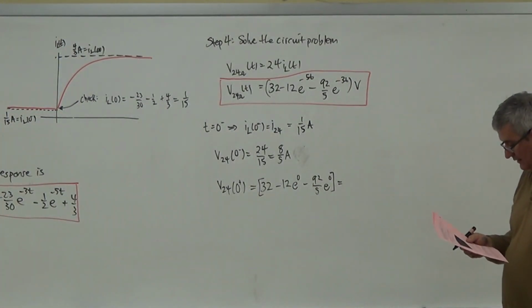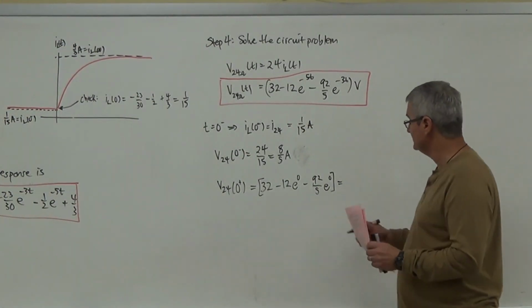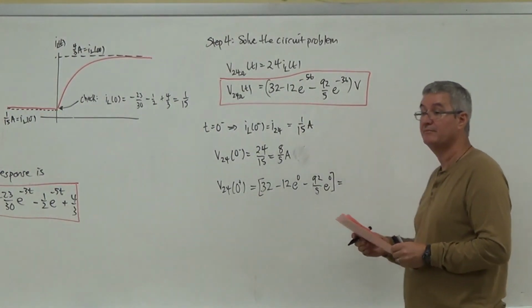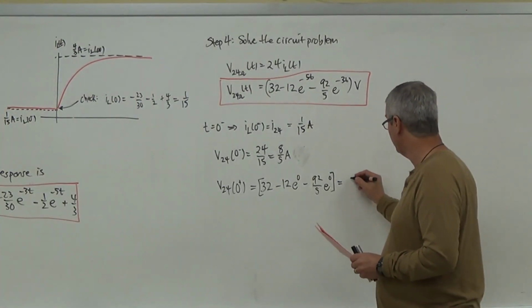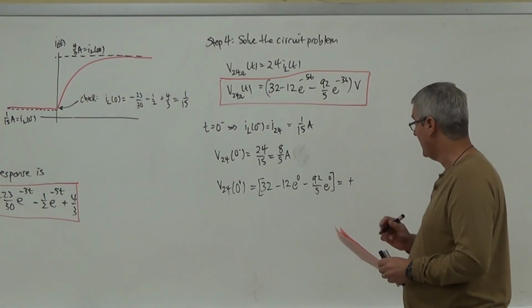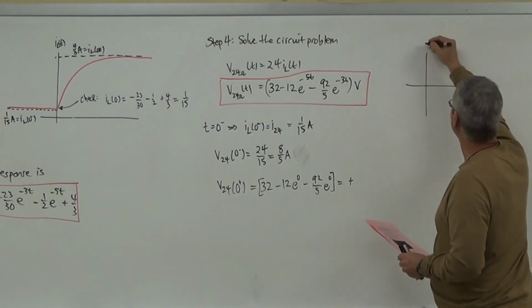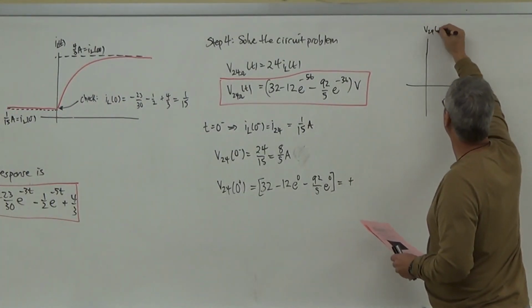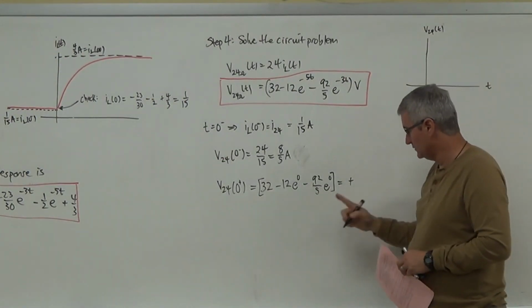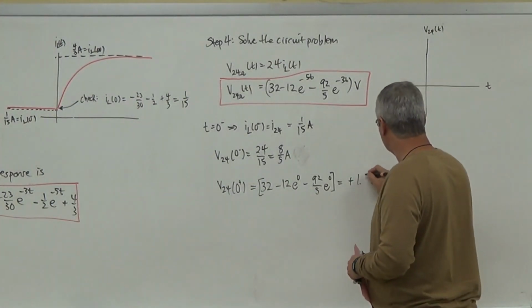Yeah, 92 over 5 is smaller, so this guy has to be positive. So I got some crazy number here. I get a positive number, which I don't know what it is. 1.6, Carlos. 1.6 volts.